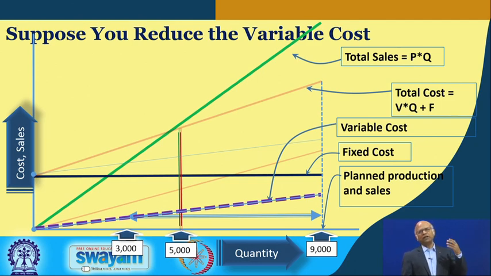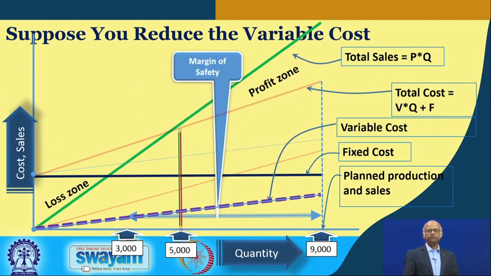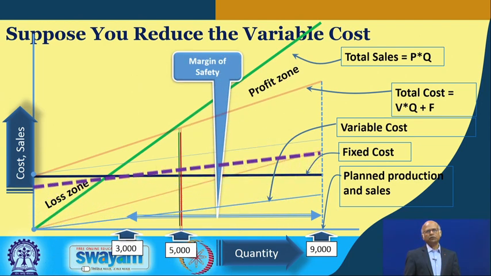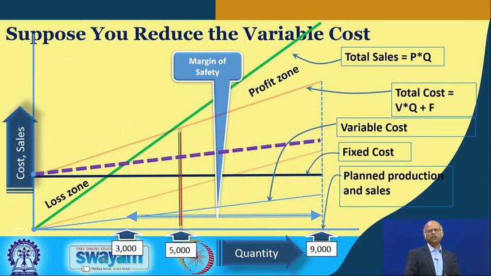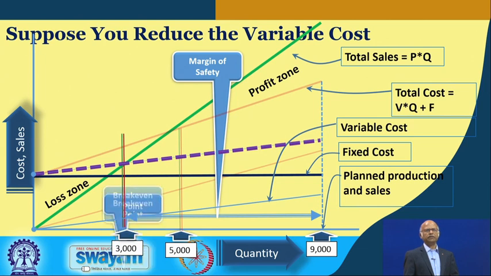Now suppose you implement automation and your variable cost line slope reduces, meaning that per unit variable cost comes down. So the dotted line is the new variable cost, and this is the new total cost. So the break-even point will be here.